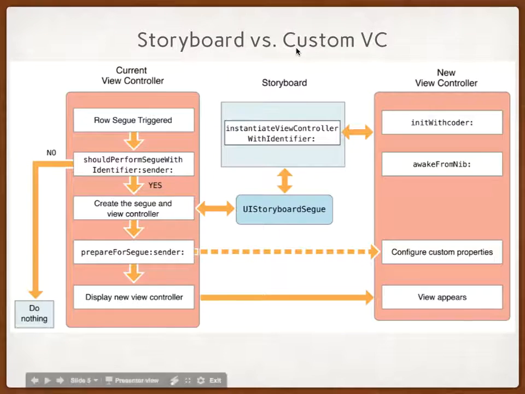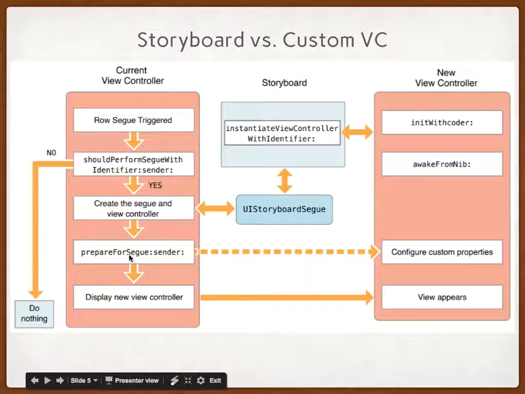On your storyboard, it will have the segue as well, right? So you can see the flow of your app. If you click on something, it will show the next screen. If you trigger a segue, that segue will instantiate the view controller and get the new view controller for you.